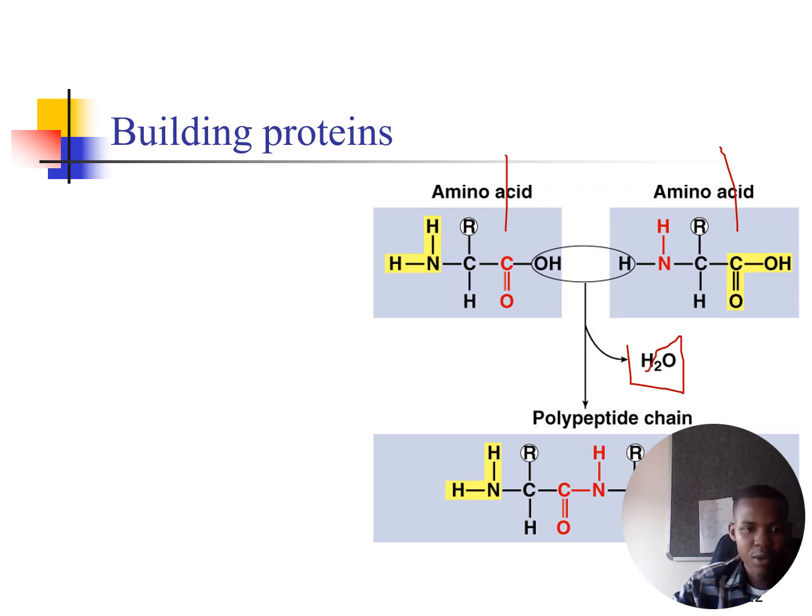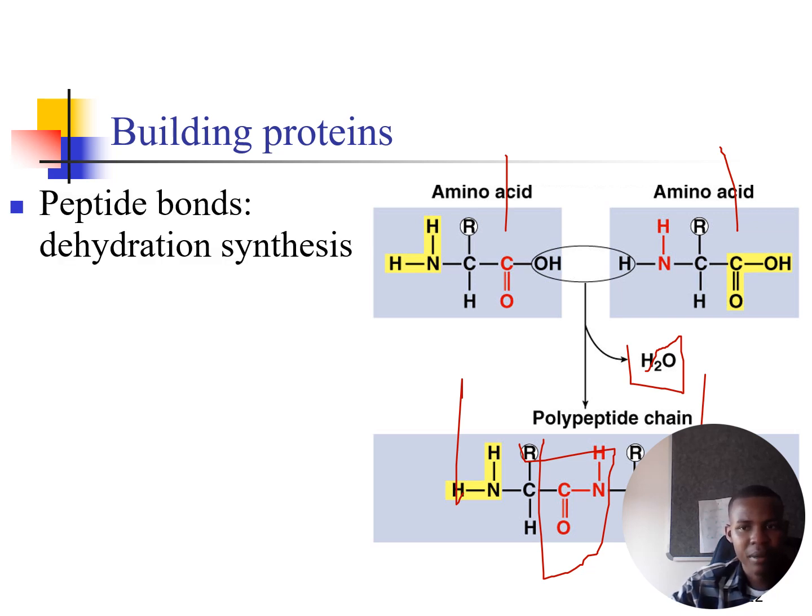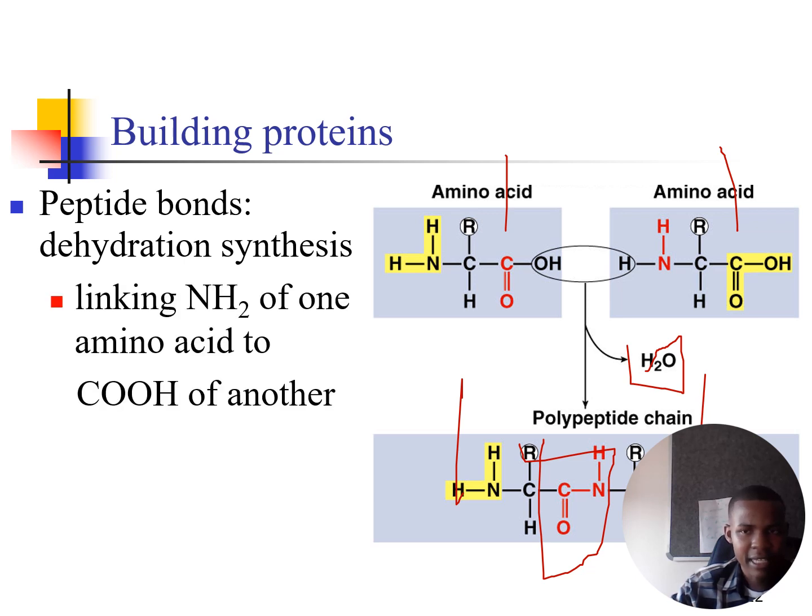The bond formed, this bond in red, when an amino acid reacts with an amino acid, is called the peptide bond. It links the amino group of one amino acid to the carboxylic group of another amino acid.